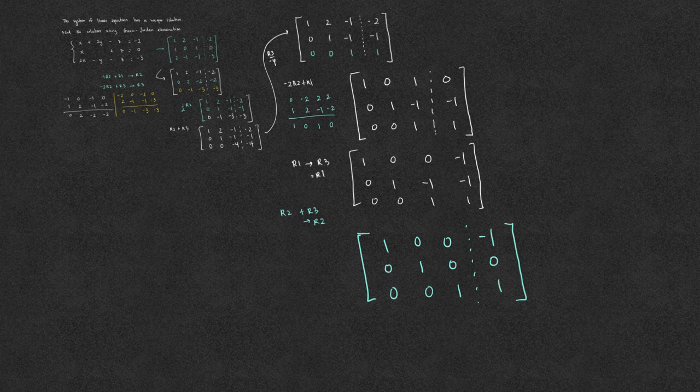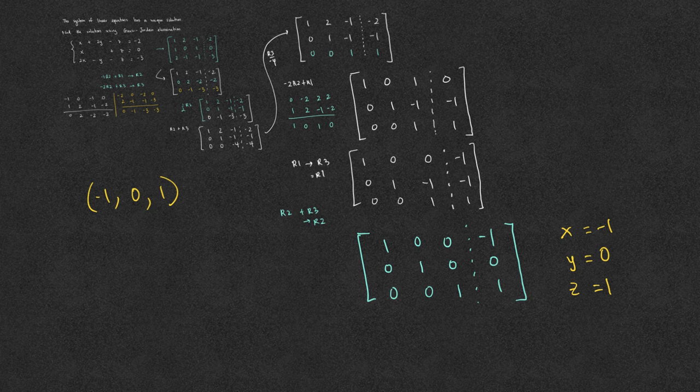What this matrix is telling us is that z equals 1, y equals 0, x equals -1. So the solution of this system of equations is an ordered triple: x is -1, y is 0, and z equals 1.